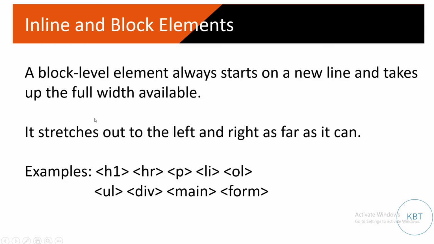Block elements always start on a new line and take up the full width available. As we saw, the heading tags take the full width available. It stretches out to the left and right as far as it can.